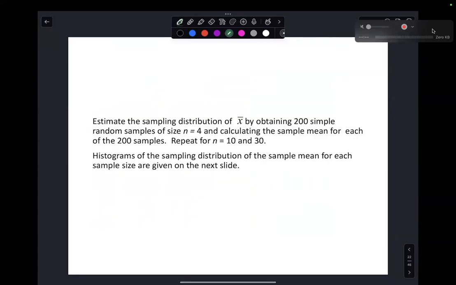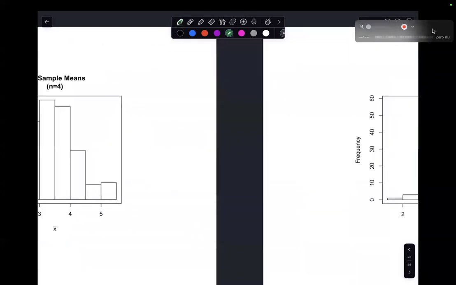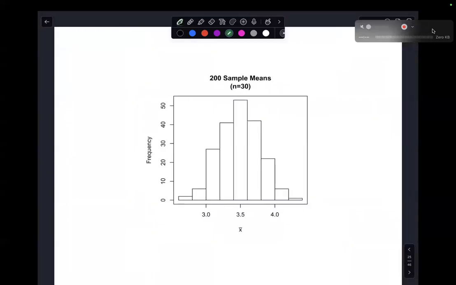I'm starting with a sample size of 4. Then we're going to look at 10 and we're going to look at 30. So here's a sample size of 4. It's almost normal. Let's take a look as I get bigger. Sample size of 10, sample size of 30. This is a beautiful normal curve.